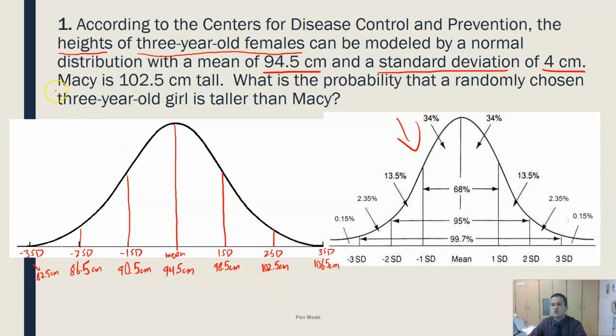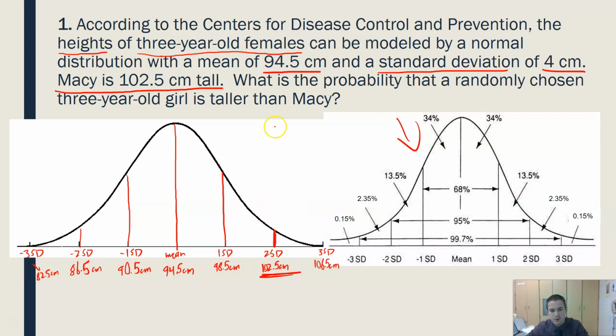Anyways, so Macy, this little girl, is 102.5 centimeters tall. So she's right here. The question says, what is the probability that a randomly chosen 3-year-old girl is taller than Macy?